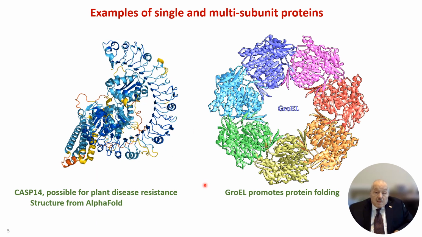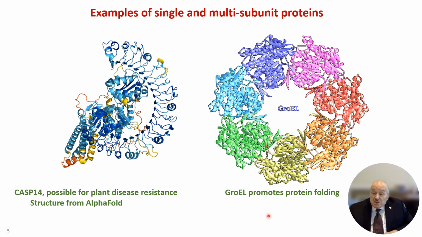And I just got a couple more examples for you because they're just such interesting structures. This is a protein that accounts for some plant disease resistance, and GroEL is a protein that helps proteins to fold after they're synthesized, or helps proteins refold after they're denatured.